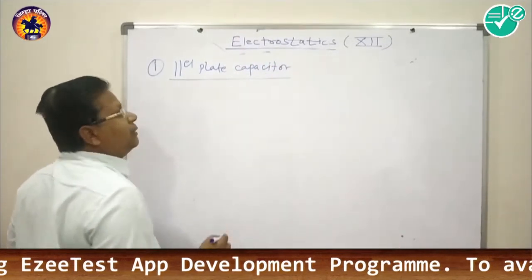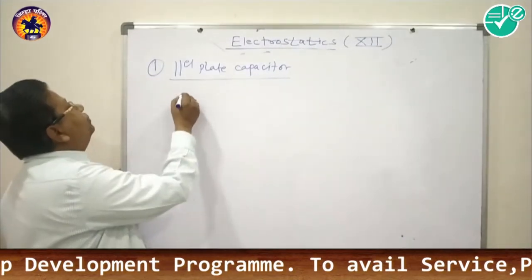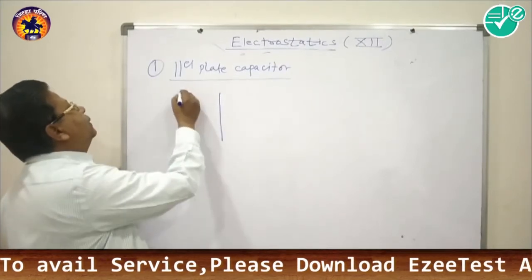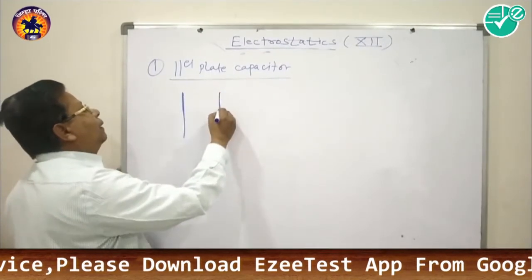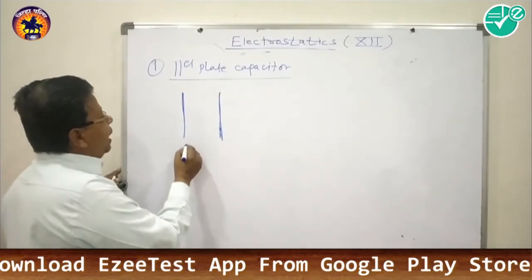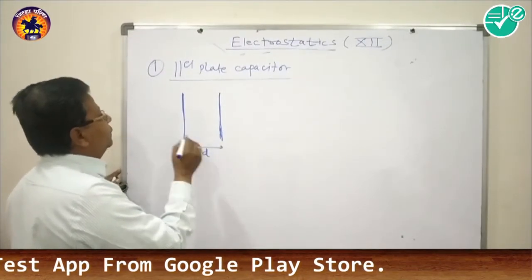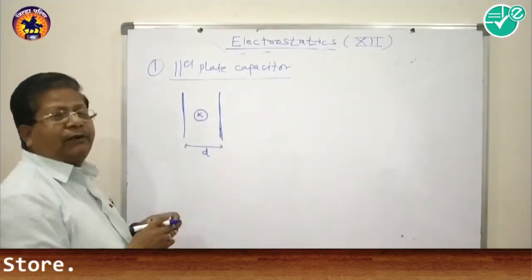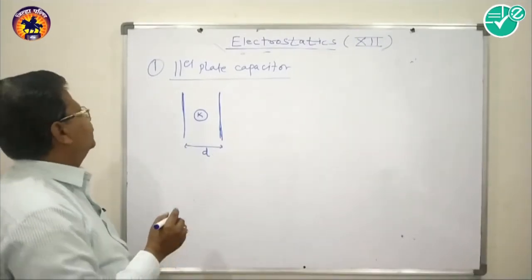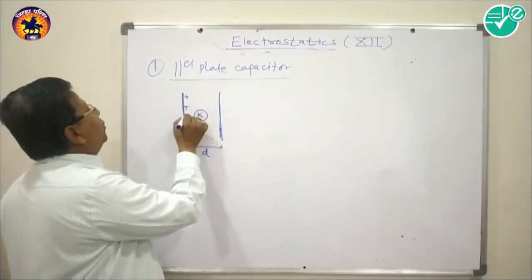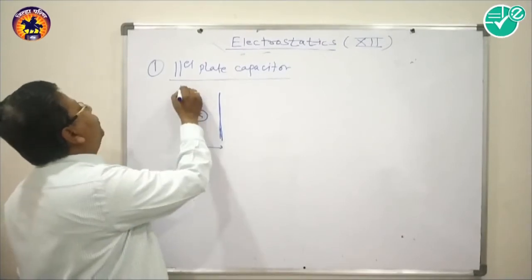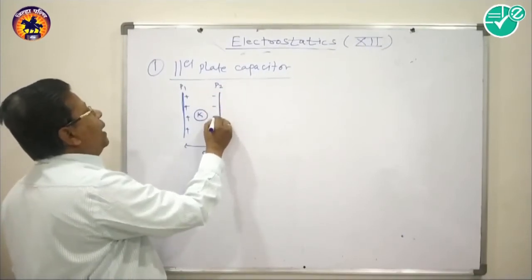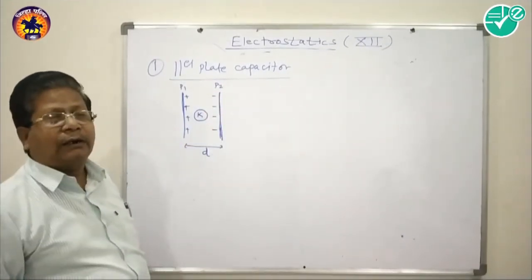This capacitor is formed by two parallel metal plates separated by a small distance, and the space between them is filled with a dielectric medium having constant K. Charge plus Q is deposited on one plate and charge minus Q on the other plate.